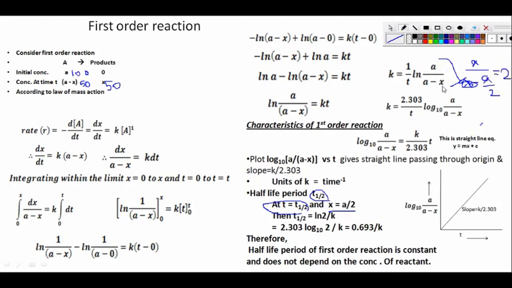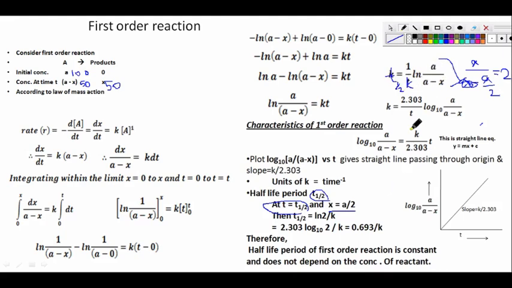So we get here 2. That's why t half is equal to ln 2 upon k. Put here k and here t. At t half we get ln 2 upon k.